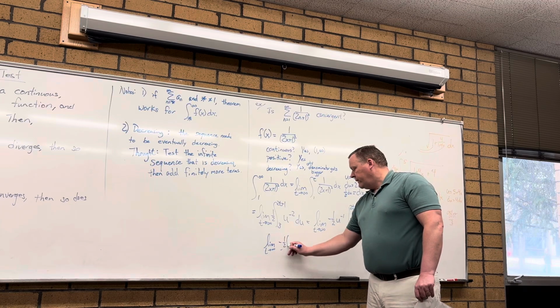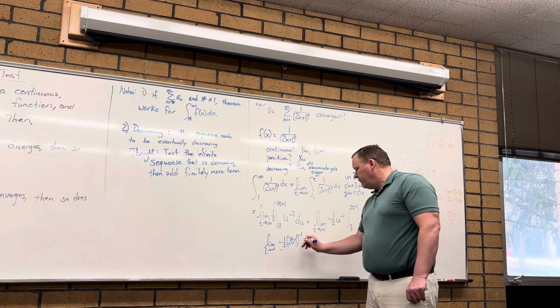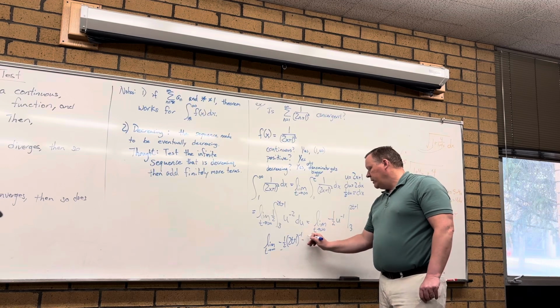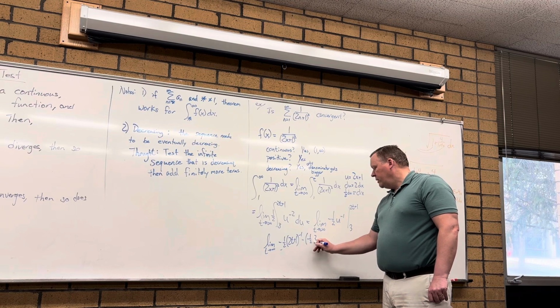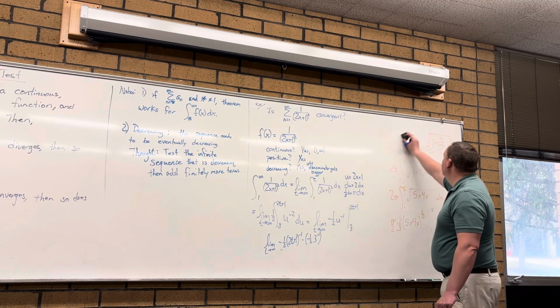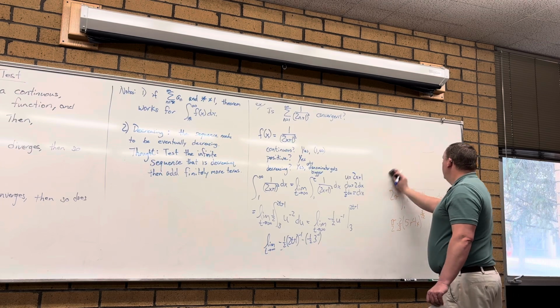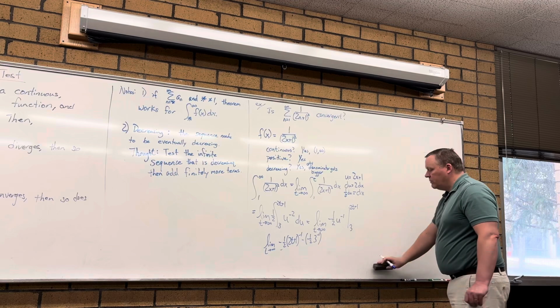Negative 1/2 times 2t plus 1 to the negative 1, and then minus negative 1/2 times 3 to the negative 1. Just to make sure we can see this clearly, let me rewrite those. Let's do a quick algebraic transformation before we do a limit.